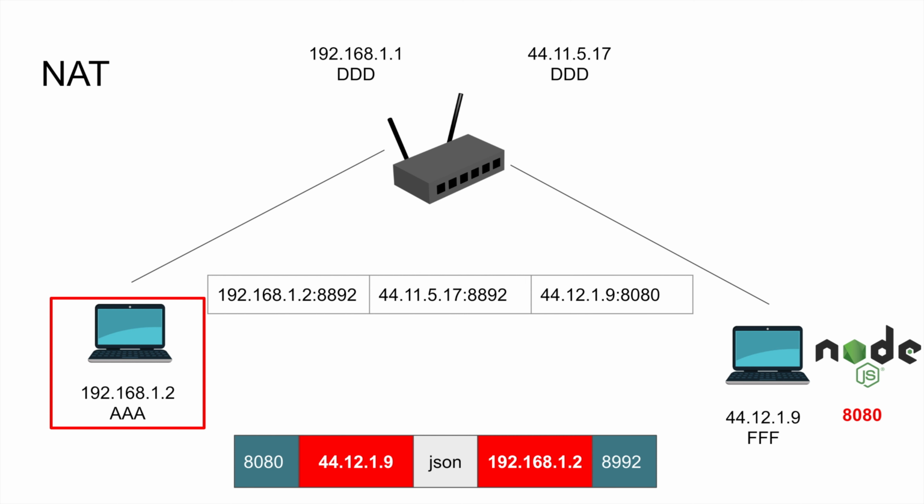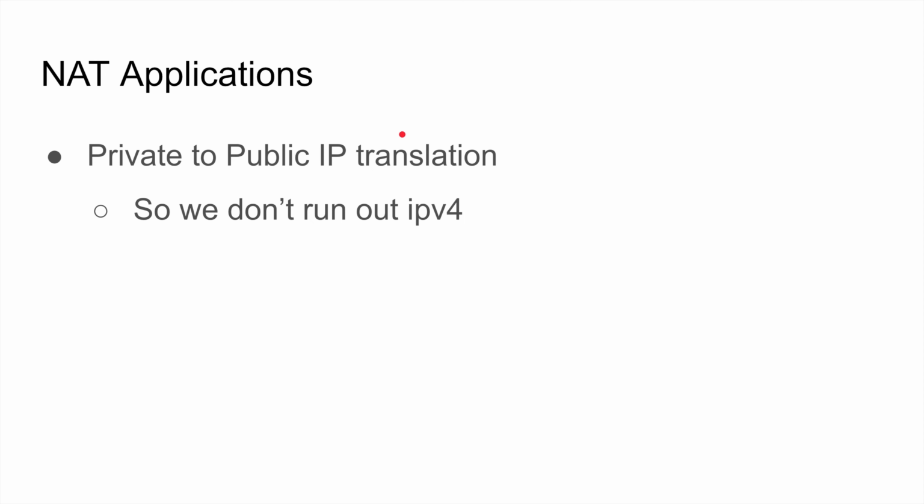Does that make sense? So this is in a nutshell how NAT works, but we took this and we pushed it to another dimension. There are NAT applications out there. The original one, obviously, is private to public IP translation, so we don't run out of IPv4. This is no longer a problem that we need NAT for. We have IPv6. It's what, 300 trillion?